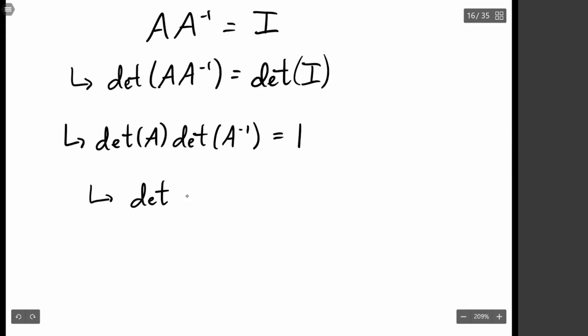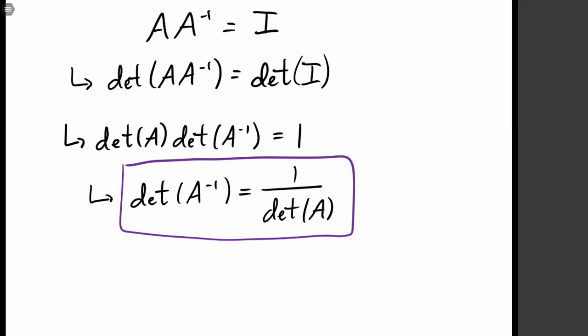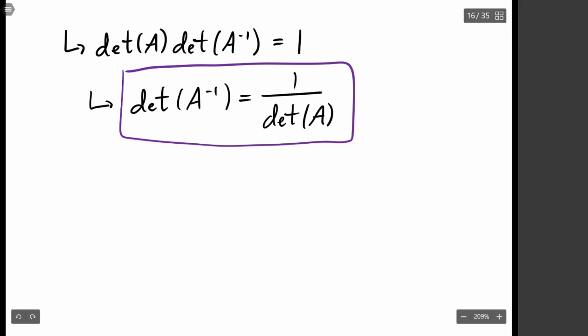Well, this tells us that the determinant of A inverse is 1 over the determinant of A. So, that in and of itself is a really interesting fact. If A has an inverse, then the determinant of A inverse is just 1 over the determinant of A. That's kind of neat. Right? In fact, we can even call that a theorem.